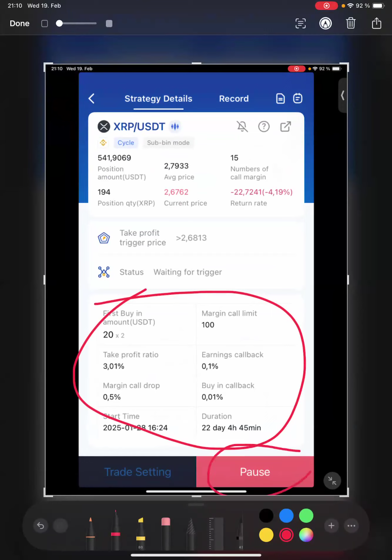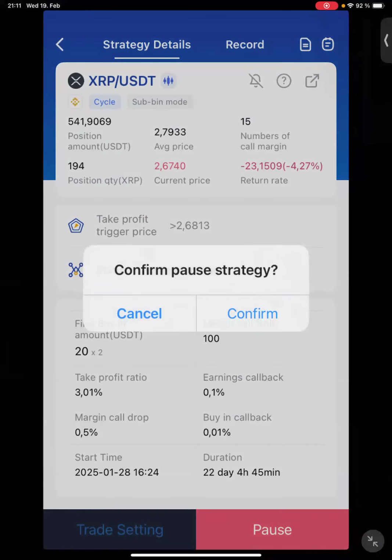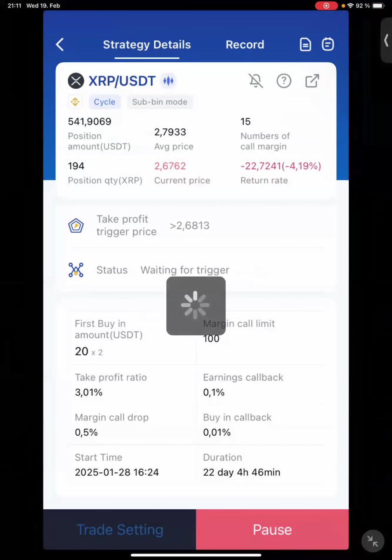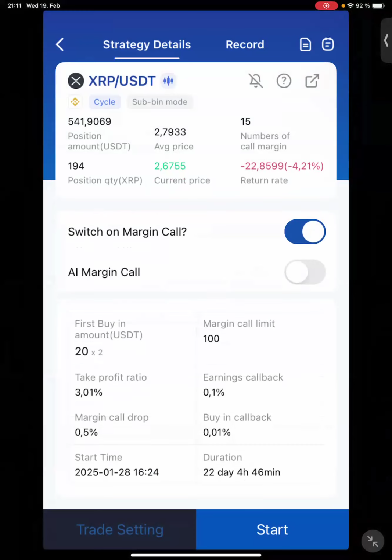Now, if you mistakenly tap on this pause, thinking that since you are seeing pause, it is paused. No. If you tap on it, that is when you pause it. So if you are new and mistakenly tapped on pause because you thought it was paused, once you pause it, the robot will not be able to buy or sell if it's supposed to, but it will be running.